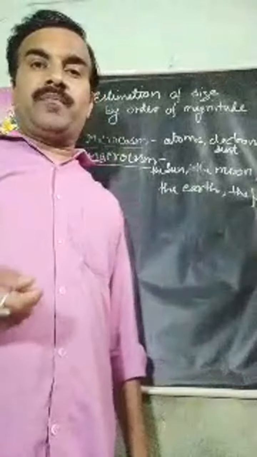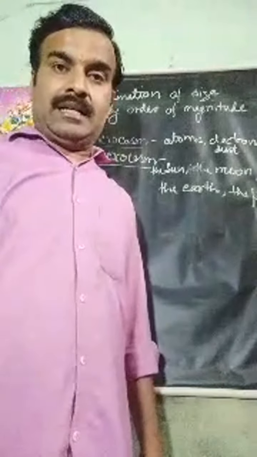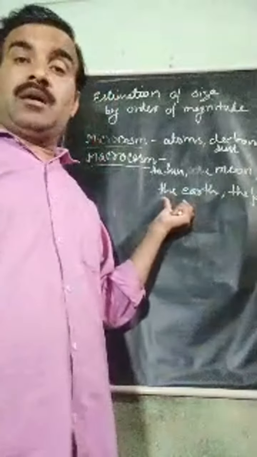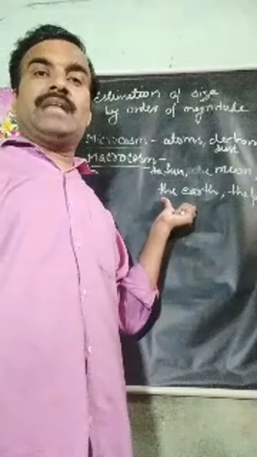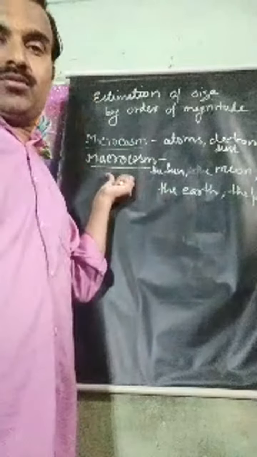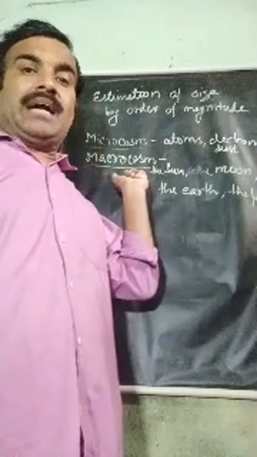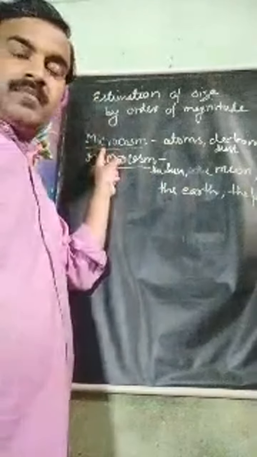These objects are much bigger than a mountain, so they come into the category of the macrocosm. So two types of categorization will be there: microcosm and macrocosm.